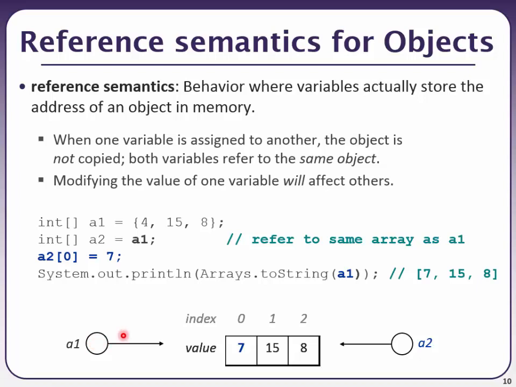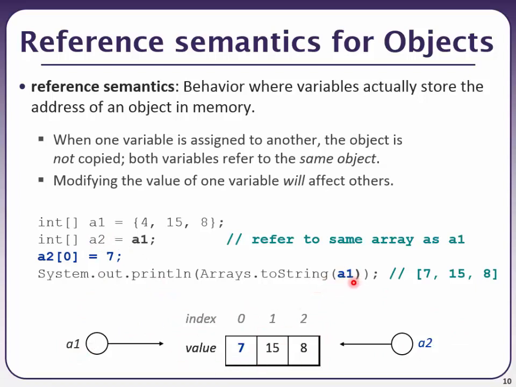This value is passed to toString. toString is going to use this value to locate this array object in memory, and is going to start displaying it: 7, 15, 8. Okay, we are going to talk more about that, but we are using the reference semantics again, but this time to pass a parameter to a method. So we use reference semantics here to assign two variables so that they point to the same array object.